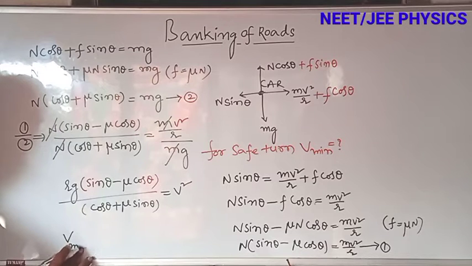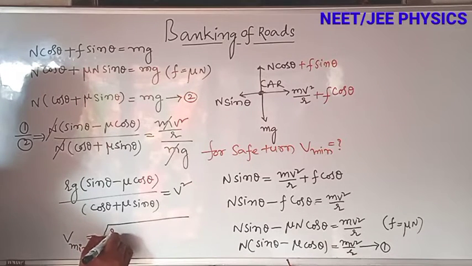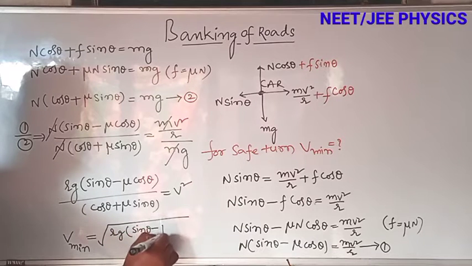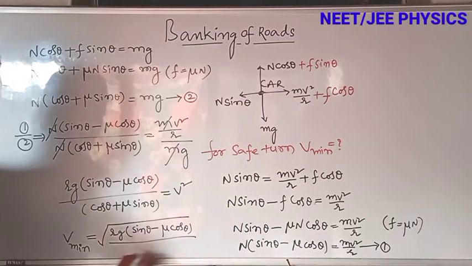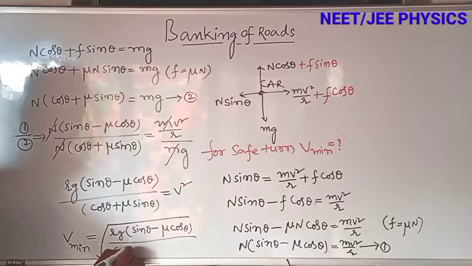For V minimum, removing the square, V minimum equals the square root of rg into sin theta minus mu cos theta upon cos theta plus mu sin theta.